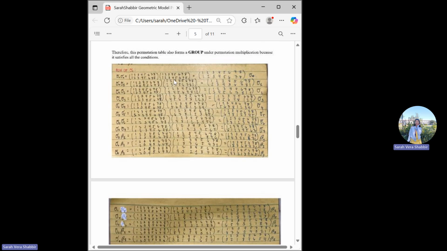If you combine both identity elements, it will only result in the identity element. Let's see, sigma sub 0 multiplied by sigma sub 1. The result is 1, 2, 3, 4, 5, 6, 7, 8 to 2, 3, 4, 5, 6, 7, 8, 1, which is sigma sub 1. Let's see on the table if it's the same.